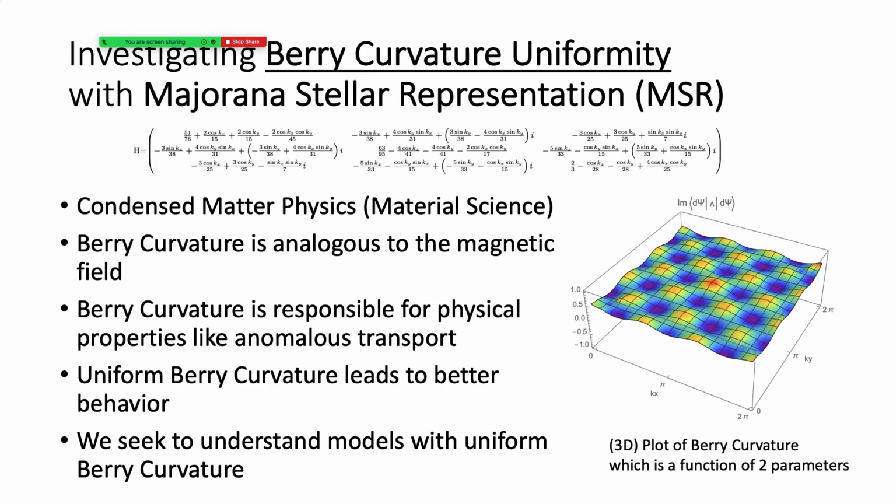So the study of this is called fractional Chern insulators. It's a study of how the insulators in solid state physics are parallel to the fractional quantum Hall effect. By studying these insulators, they are able to understand the quantum Hall effect better. It's like creating an analogous model.